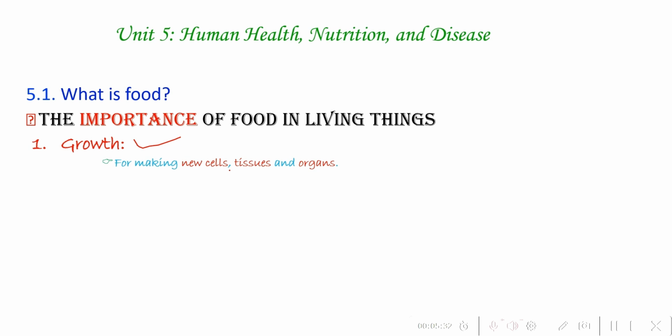The second importance of food is to give energy. Living things undergo different biological and chemical reactions. In all living things, including human beings, there are a number of biological and chemical reactions in the body. For example, biological reactions such as growth, reproduction, breathing or respiration, and chemical reactions such as aerobic or anaerobic respiration.